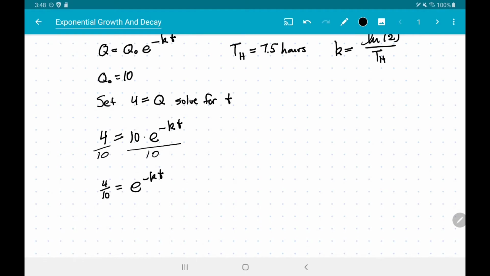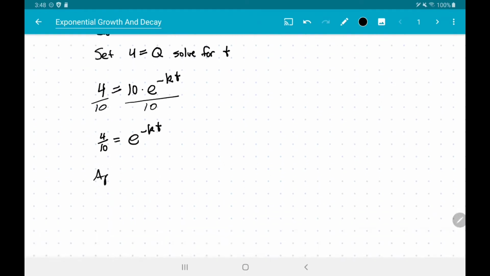Now what? We need to apply the logarithm function. That will give us ln of 4/10 equals, and when we do ln of e to the kt, remember the ln undoes e to the power and will leave us with just the stuff up in the exponent. We're now trying to solve for t, so we should do what?